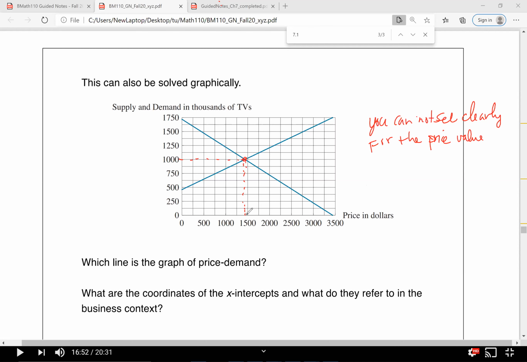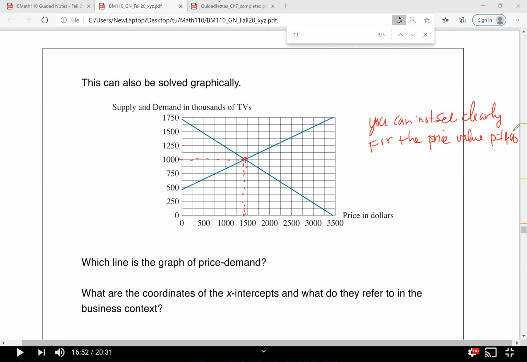So you can see that if you use the solution by algebra, it should be p equals 1440. But because here we are just looking by eye, we cannot see it clearly.